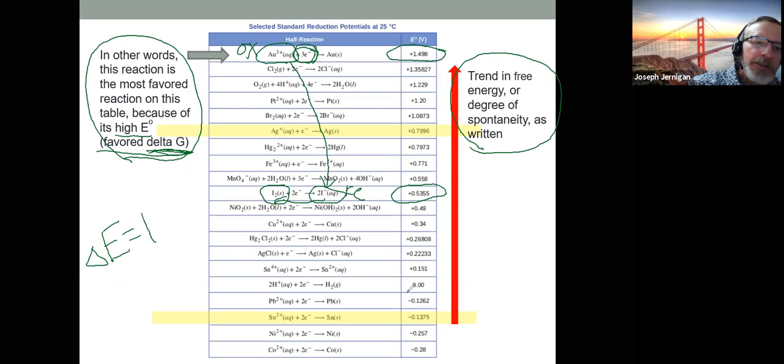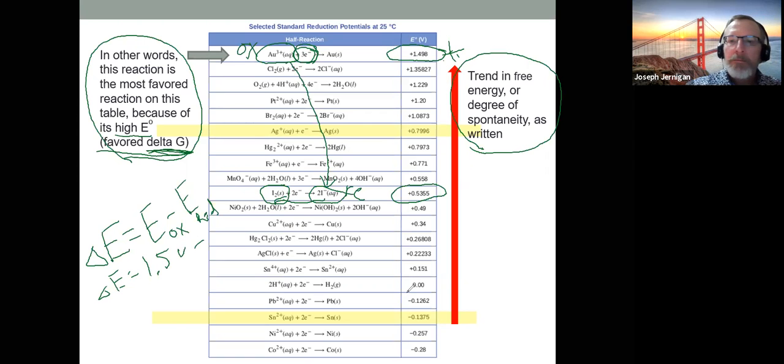We'll start out here. E ox minus E red. And where's E ox? It's right there, right? So delta E is equal to, what's that, 1.5 roughly? 1.5 volts minus 0.54 volts.